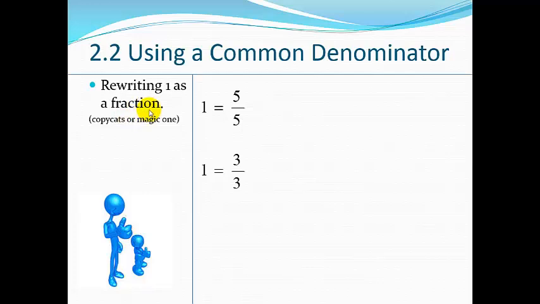I just wanted to remind you that we can rewrite 1 as a fraction. Again, I call those your copycats or your magic 1. I could have picked any examples here. If I wanted, 1 equals 21 over 21. That's another copycat. We could go on forever, but I just wanted you to remember that, and you'll use that with the mixed numbers. And that's it.